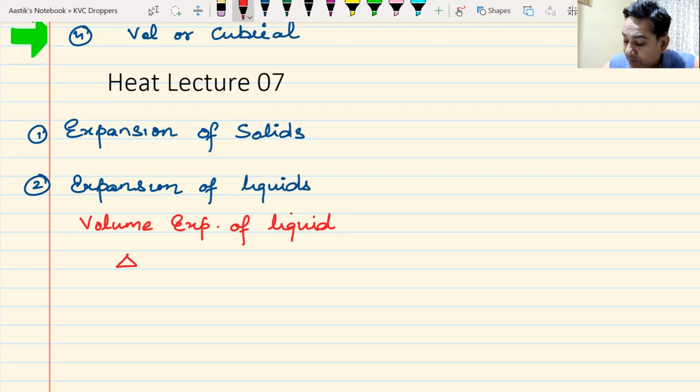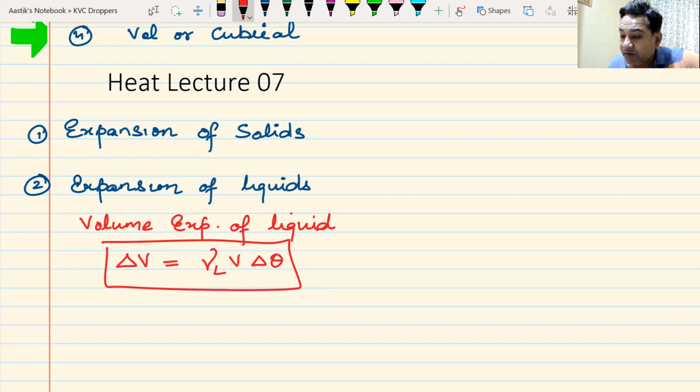If I have delta V, that is the change in the volume of the liquid, what will that be equal to? 1 plus gamma delta T. That will be equal to gamma L, where gamma L stands for the coefficient of expansion of the liquid, multiplied by V naught, which is the initial volume of the liquid, into delta theta. If I call the final volume V, the final volume will be V naught plus delta V.